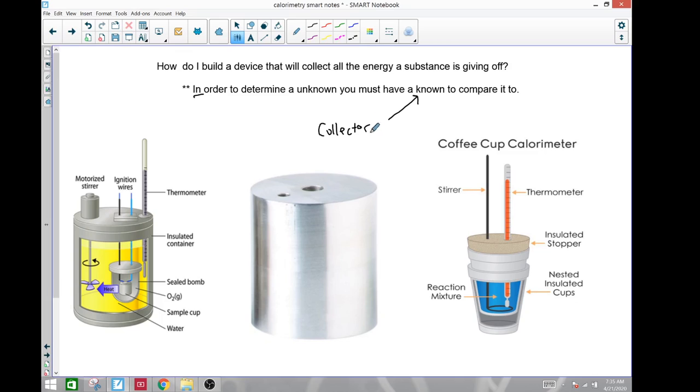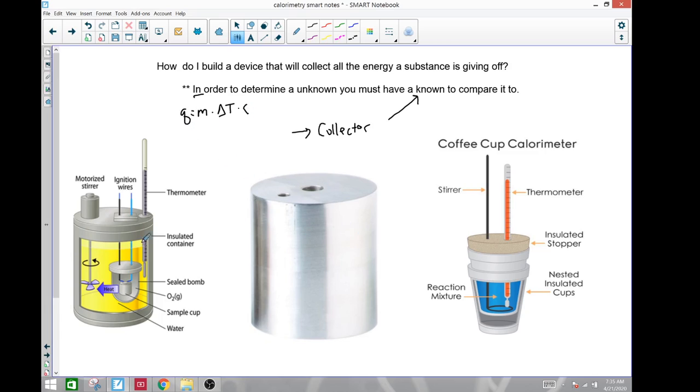When I say collector, I mean something where, okay, what's known about it? And really what's known about it is lots of stuff. So in this situation, when something collects energy, call it Q, depending on how much mass is there, its change in temperature, and its specific heat, we can figure out how much energy something collects.